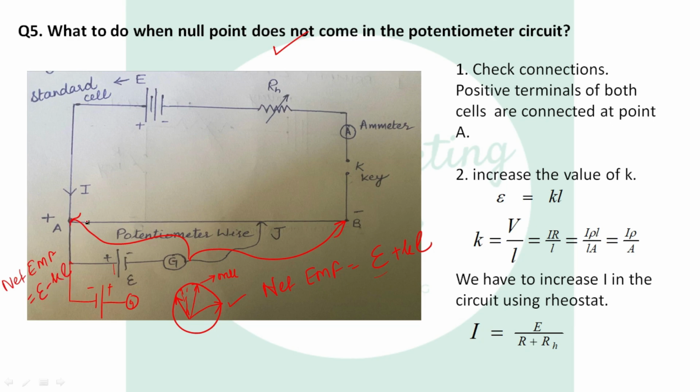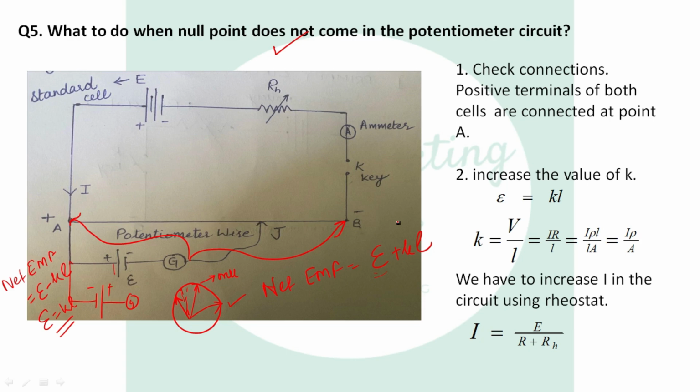So when we slide the jockey from A to B, some point will come where E becomes equal to K into L, and this net EMF equals 0, and the galvanometer shows 0 deflection. But this time, if you make a wrong connection and connect the negative terminal of the cell at point A, the net EMF equals E plus KL. That means this factor will go on increasing, and null deflection will never come in the circuit.